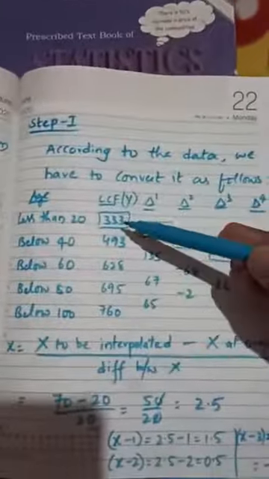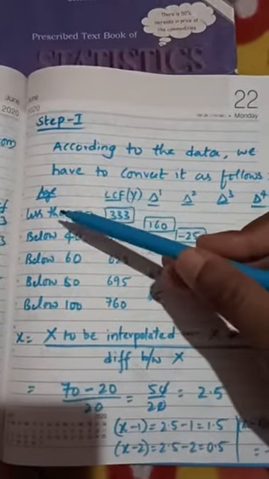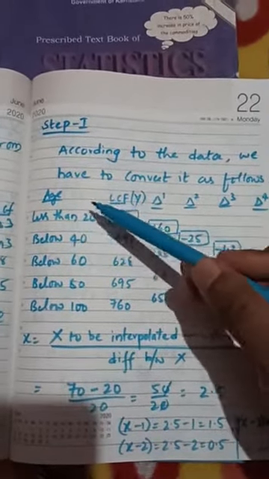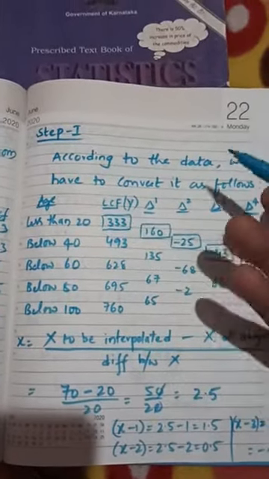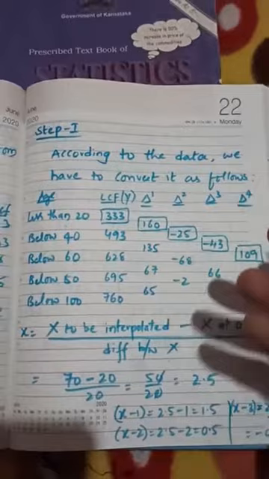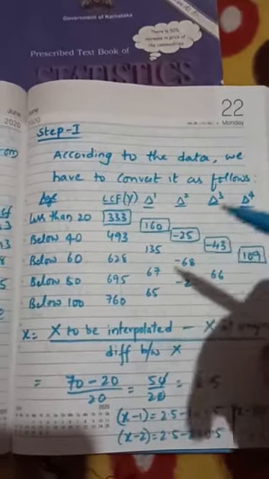So according to the data, it has to be converted. The same thing I have done here, converted to LCFs, because the question is asked about below. So I converted the class intervals to less than, and the frequencies also to less than cumulative frequencies. And later on you know how to calculate the leading differences.